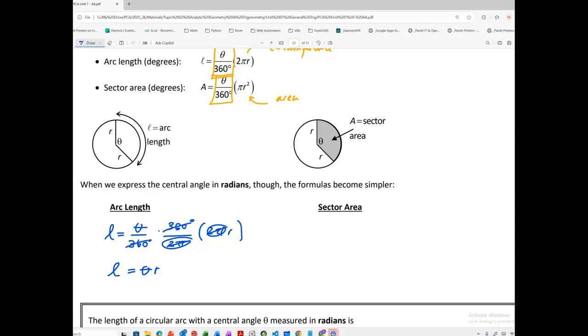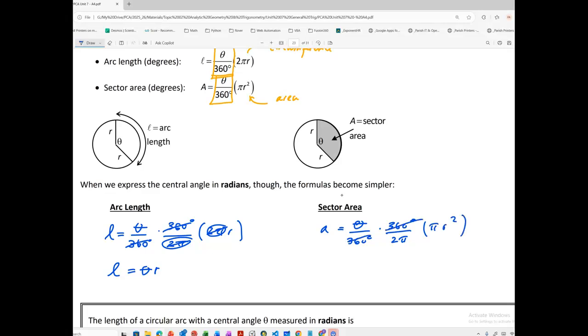Okay? So let's do the same type of dimensional analysis with area. Area used to be theta over 360 degrees times pi r squared, but now we're going to convert, get out of degrees land, move into radian land, and then we're going to look at what happens.